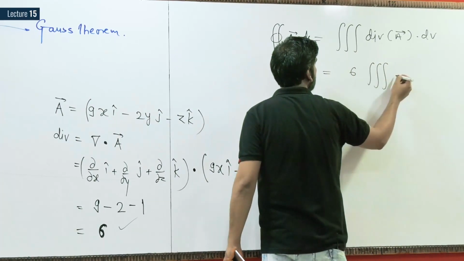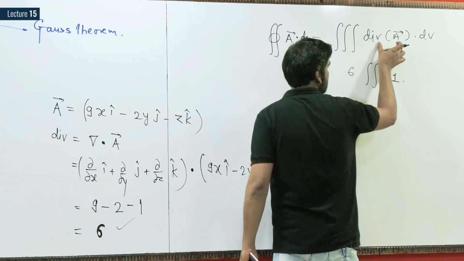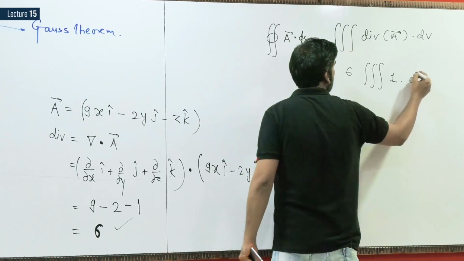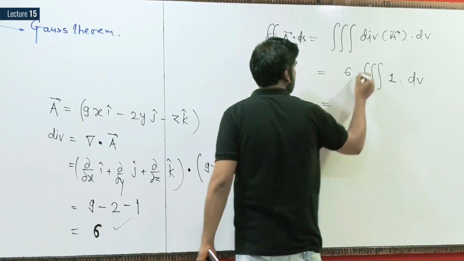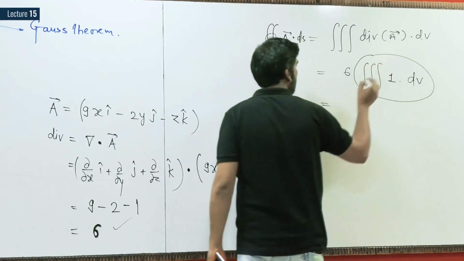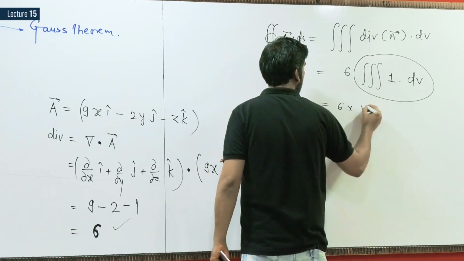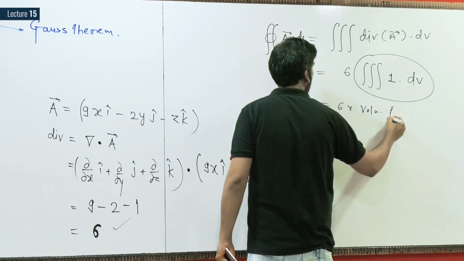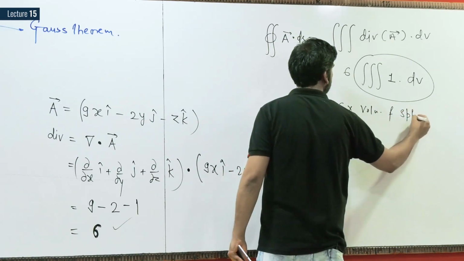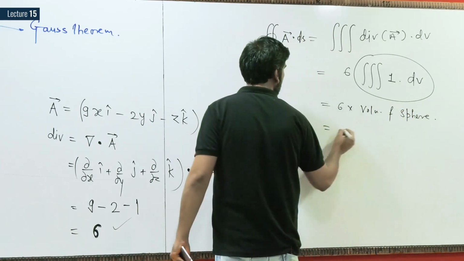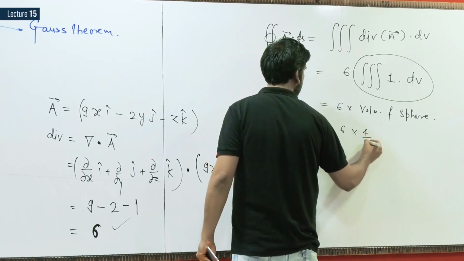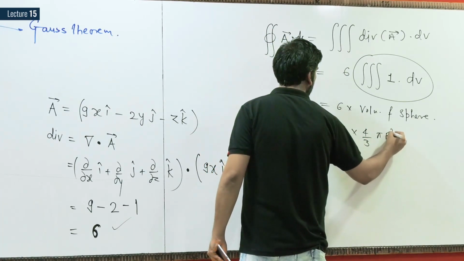So I have 6 times the triple integration of dV, because the divergence 6 is constant, and it is nothing but again the volume. So 6 into the volume of the sphere. So what is the volume of a sphere? 6 into 4 by 3 pi r cube.